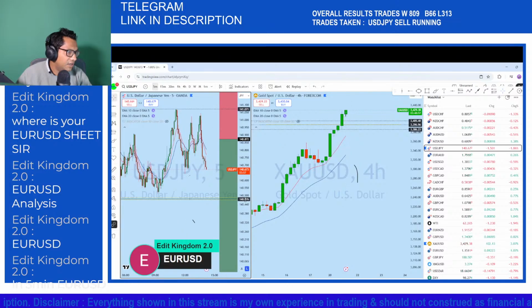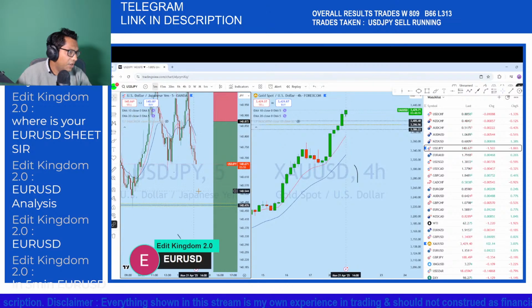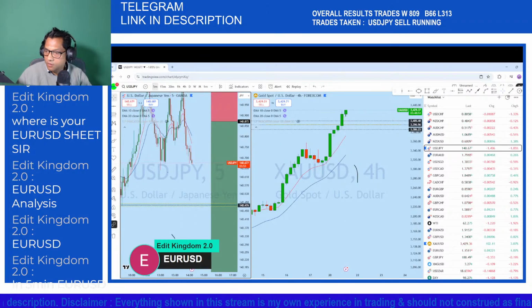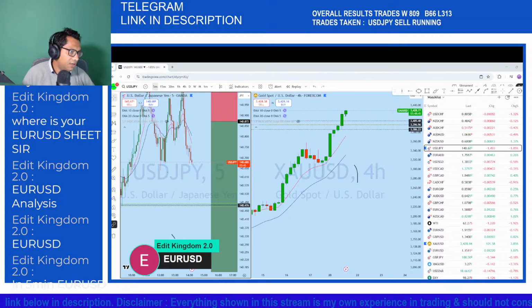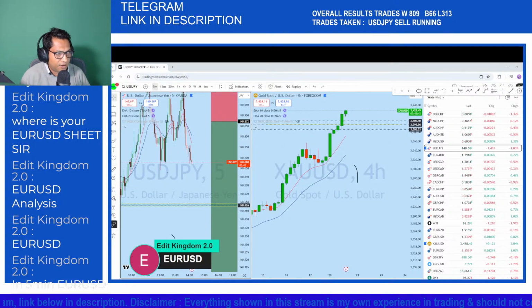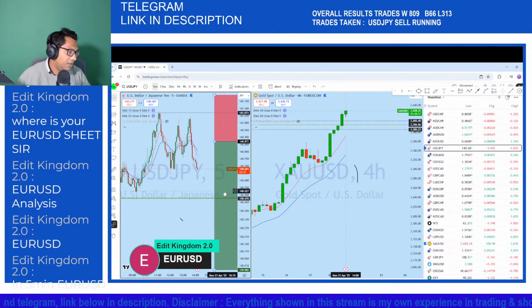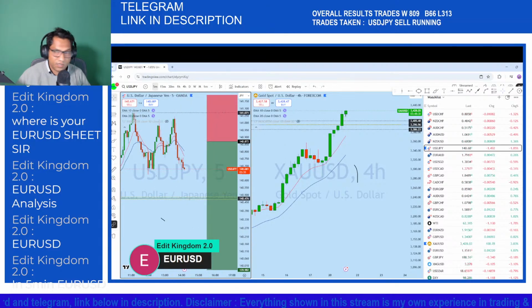So let it potentially break below here. The most important part in trading is to trade with the trend and then hold the trade long enough to move in that direction.